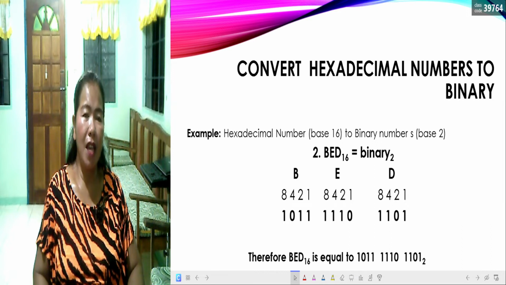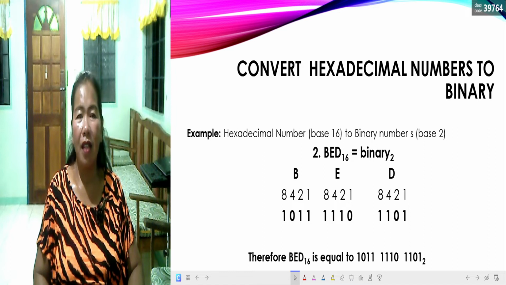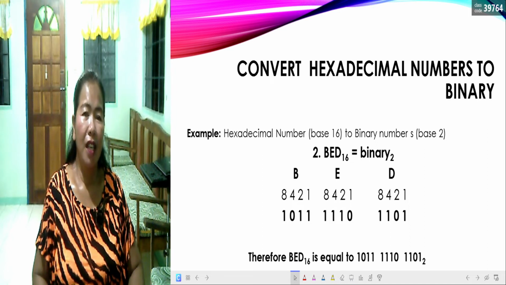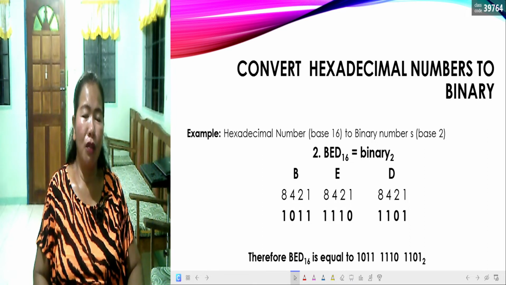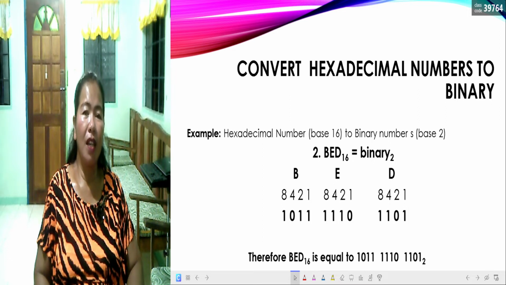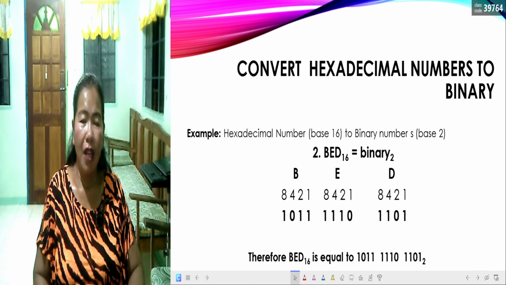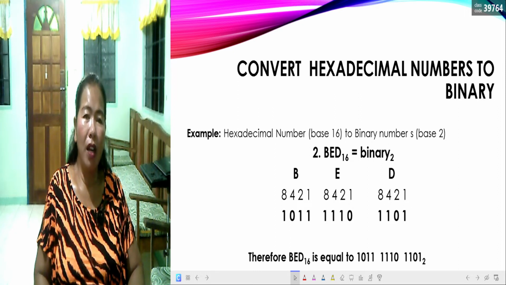Then for the next digit, E, 8 plus 4 plus 2, that is 14. So E is equivalent to 14. Then the last one is letter D. D is 13. So you can have a sum of 13 when you add 8 plus 4 is 12 plus 1.